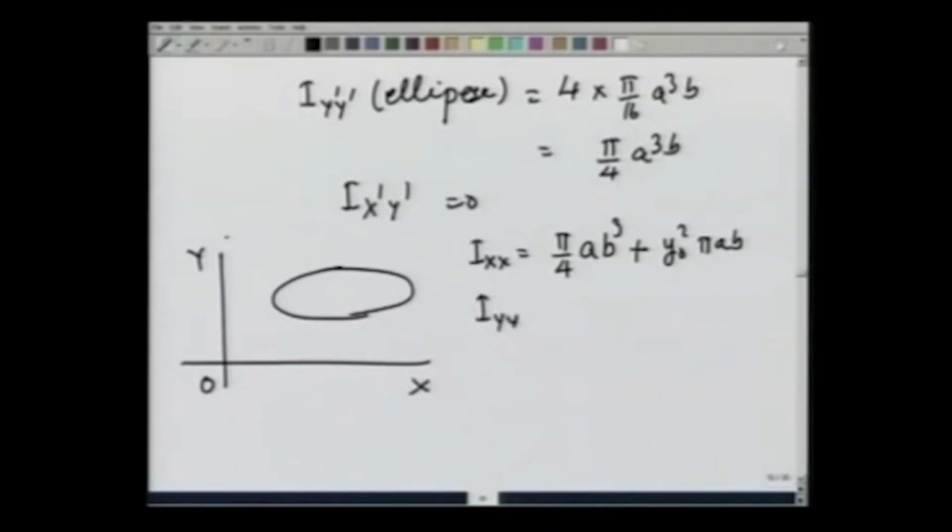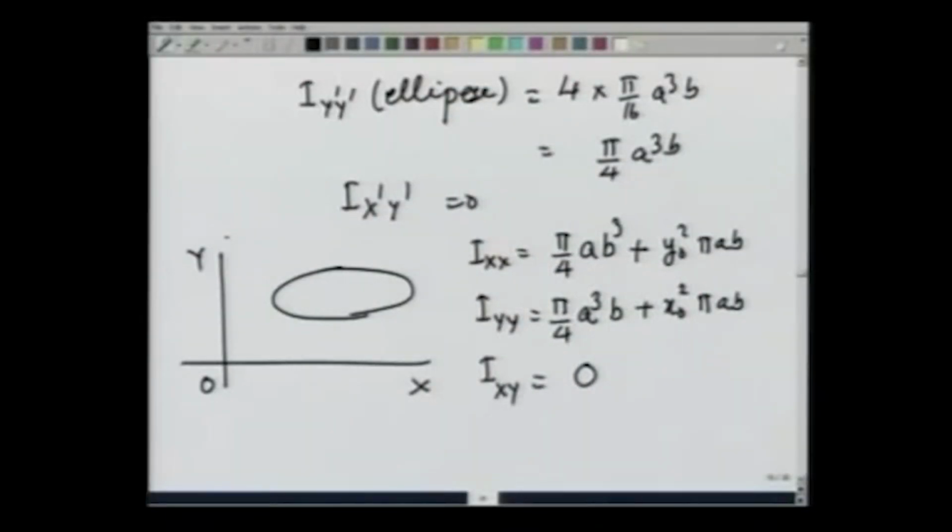I y y is going to be pi over 4 a cubed b plus x0 square pi ab, and I xy is going to be 0, which is the I x prime y prime, by symmetry it is 0 for axis passing through the centroid, plus x0 y0 pi ab. So using transfer theorems, we could calculate the second moment of area and the product of area when it was given about the centroid.